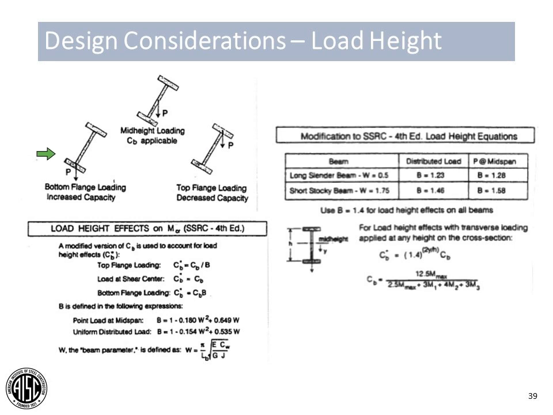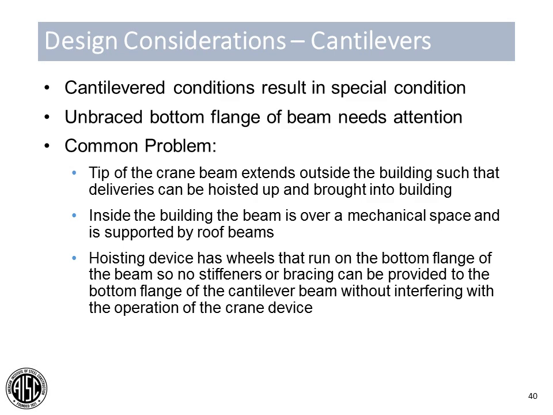However, when we have a bottom flange loaded member, as we get lateral deflection of the top flange, we actually are resisting that movement through our vertical force at the bottom flange. You can actually get up to a 40% increase in your C sub B value when you're designing for bottom flange loading conditions. And we will utilize that through our example.